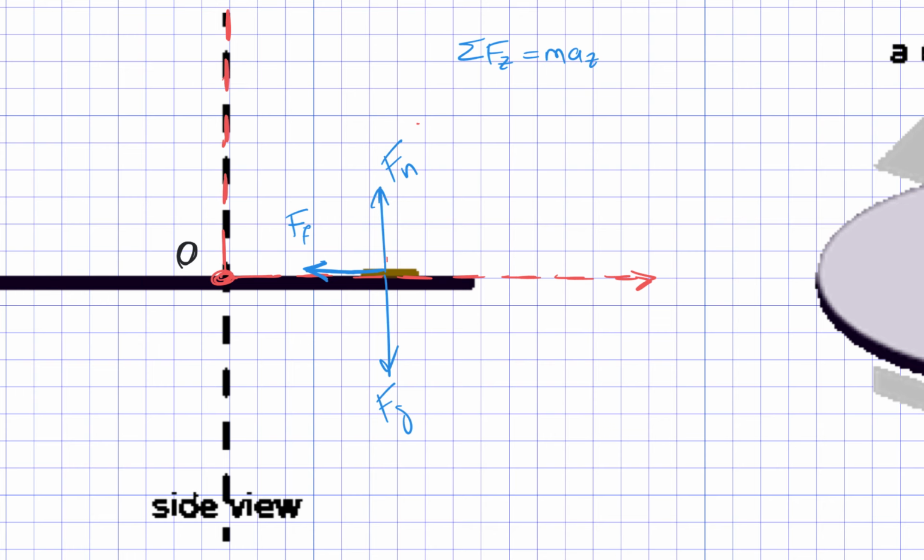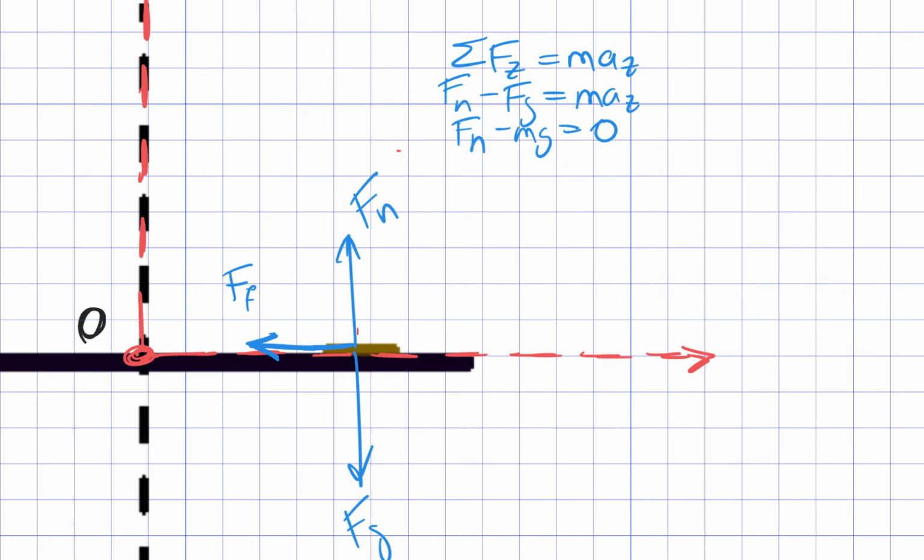So we get the normal force going up, the gravitational force going down, and we're going to leave that right-hand side alone for now. Let's expand. The normal force minus mg equals m a_z. It's not accelerating up or down. So the normal force equals mg, which we solved a second ago. So the normal force equals 0.0491 newtons.